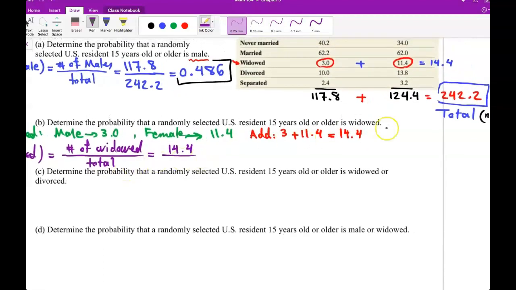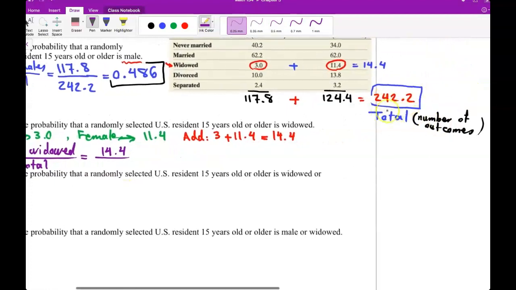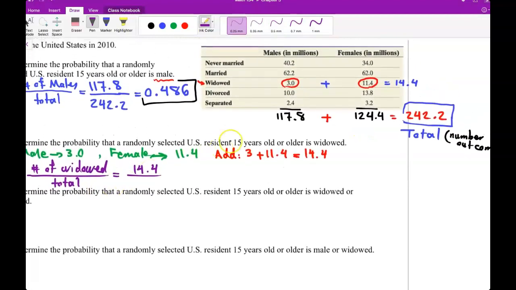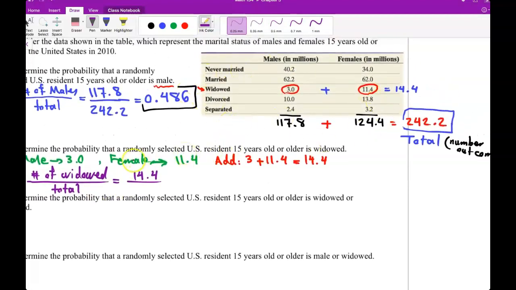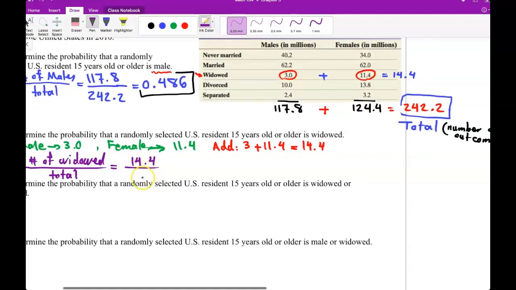And number of outcomes total here we had 242.2. So in total, how many we have here in this table? Is 242.2. Simplify, the answer is 0.059.